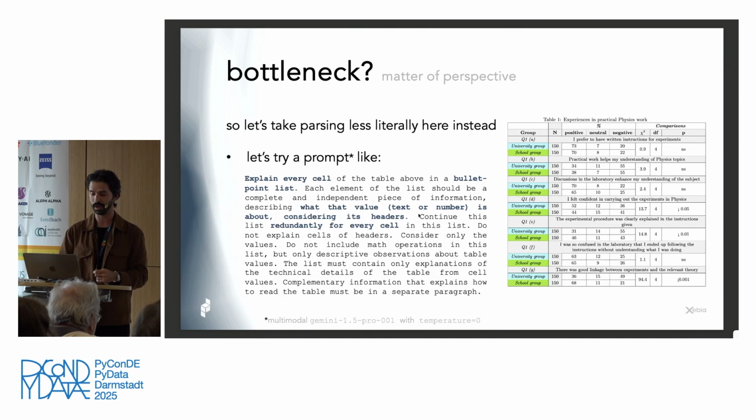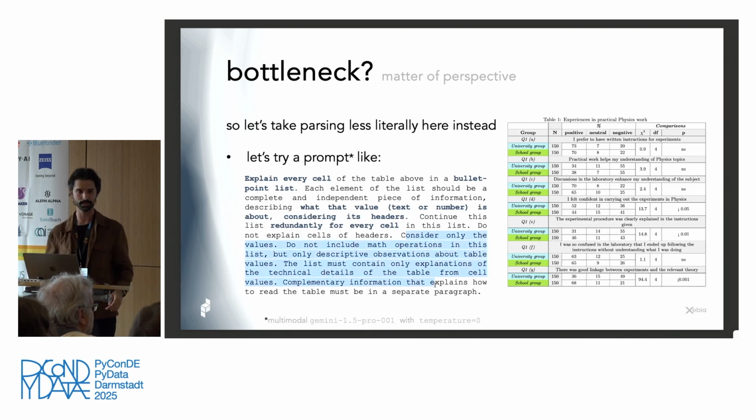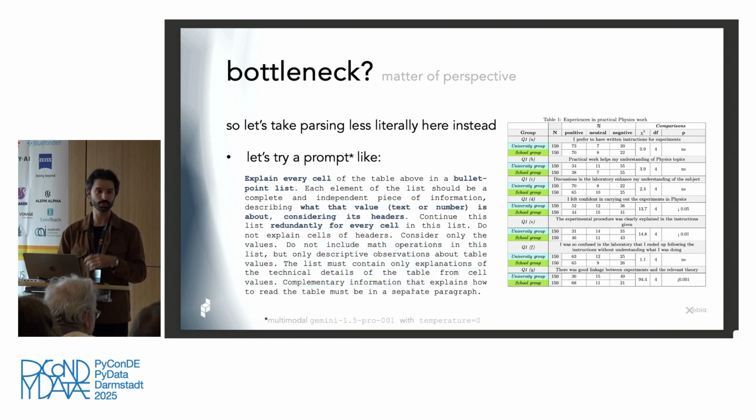Focus on what the value, be it a text or a number, is about, considering headers. So give shape based on headers, but describe those. And the rest is just redundant stuff, just so the LLM doesn't get bored or anything. So don't do math, don't jump into any conclusions. Just stay down to earth, down to whatever is in here and nothing more.